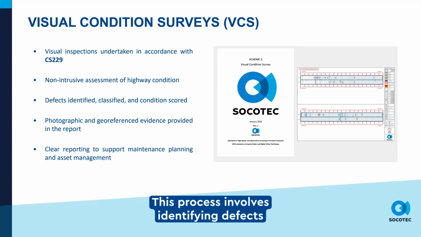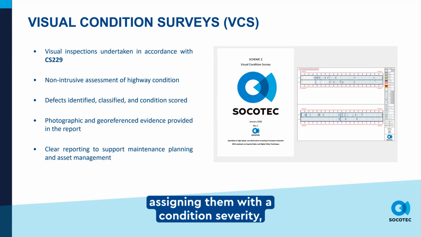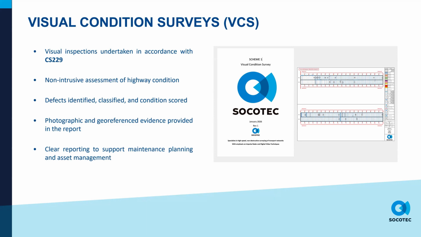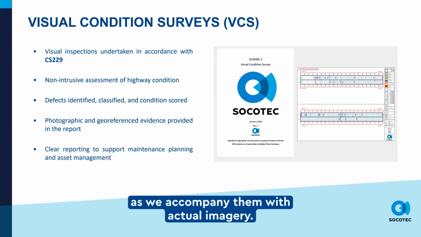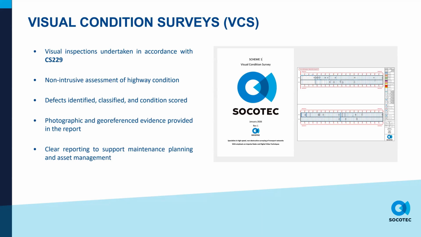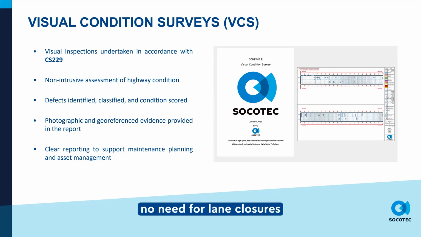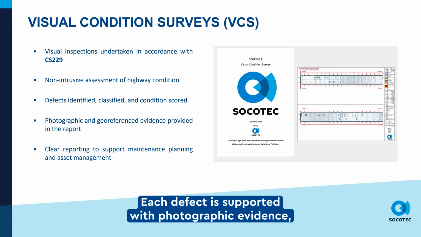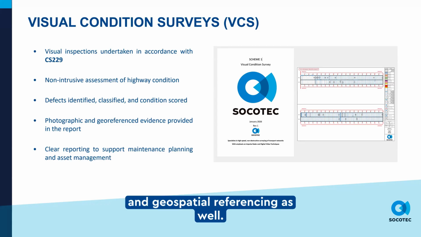This process involves identifying defects within the Roadshow software, classifying them by type, and assigning them a condition severity, which then produces a clear evidence-based output as we accompany them with actual imagery. The survey is completely non-intrusive, with no need for lane closures or operatives working live on the road. Each defect is supported with photographic evidence, scheme reference chainage, and geospatial referencing as well.